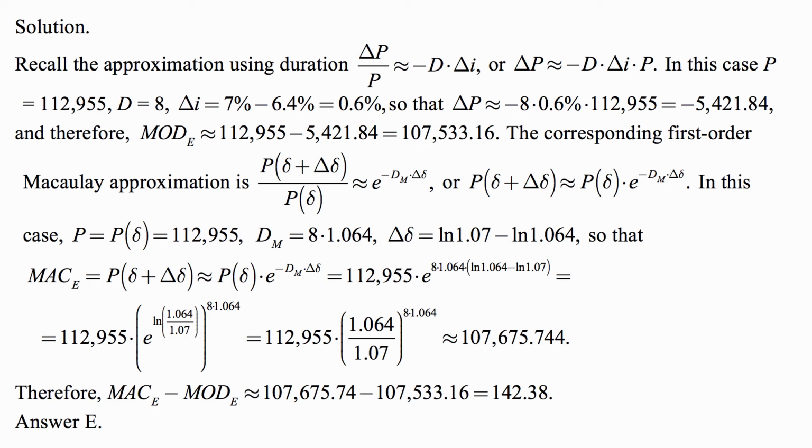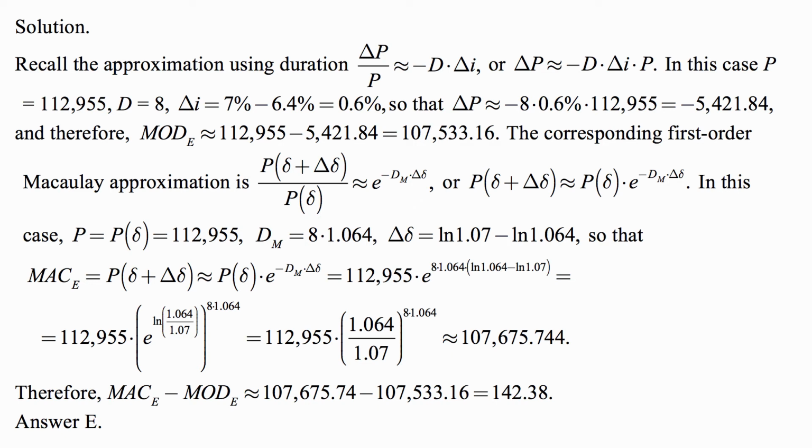112,955. The Macaulay duration: remember the modified duration, which is just duration, is obtained by taking Macaulay duration and dividing it by 1 plus the interest rate. So Macaulay duration can be obtained from regular duration by multiplying the regular duration by 1 plus the interest rate.